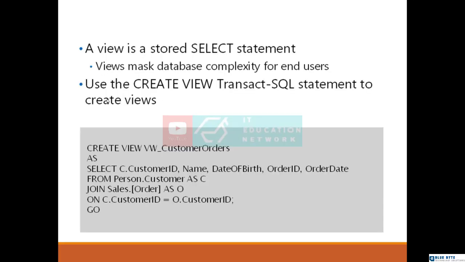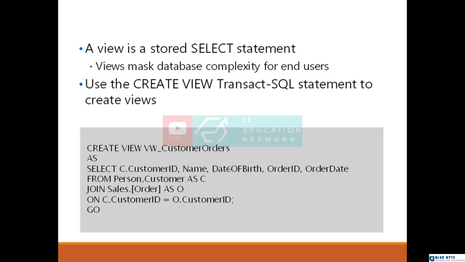After that, we have views, and a view is simply a stored select statement. A Transact-SQL statement can be used to create views, as we see in this example. We create a view, and in the select we pick customer ID, name, date of birth, order ID, and order date from the person customer table as C, and we join that with the sales order table as O, where C.customerID equals O.customerID.